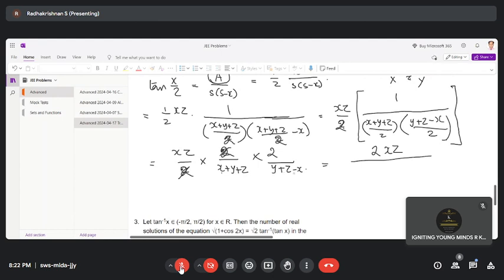So Y plus Z plus X minus X gives, minus X square.